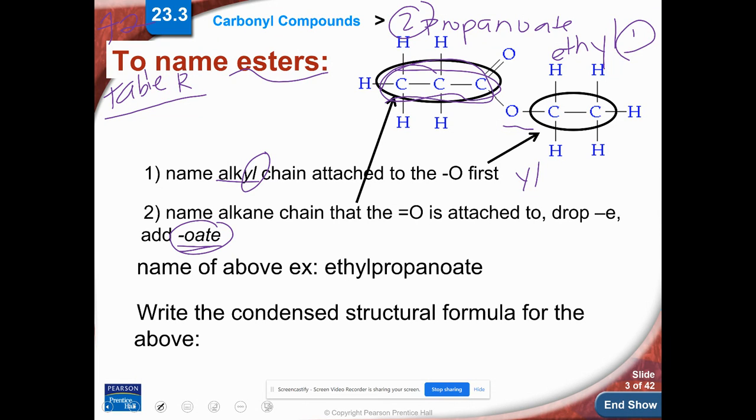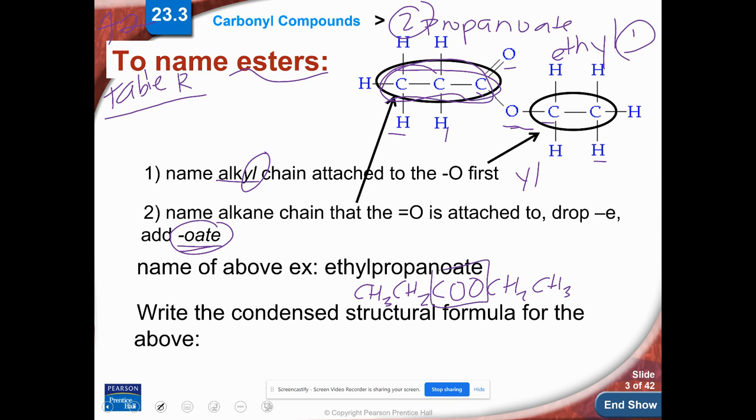Now let's look at the condensed structural formula. I have a CH3, a CH2, then a C and an O, that's COO, and now I have a CH2 and a CH3.